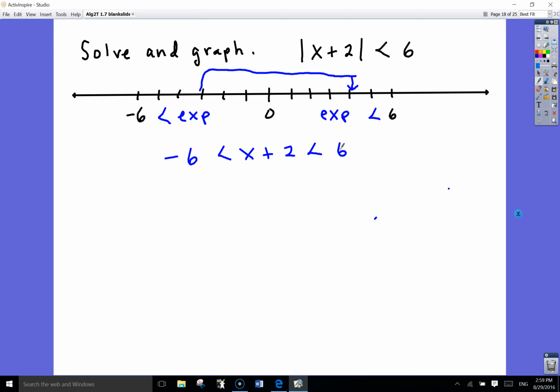Now we have to solve for the variable x, which is in the middle part, and x is not alone. We've got to get rid of this plus 2. We're going to subtract 2. But since this is a three-part inequality, we have to subtract 2 from all three parts. Now we get -8 is less than x is less than 4.